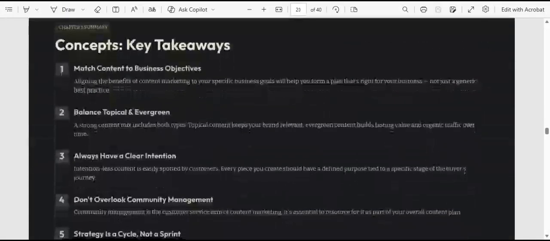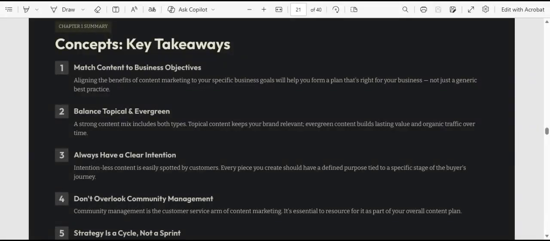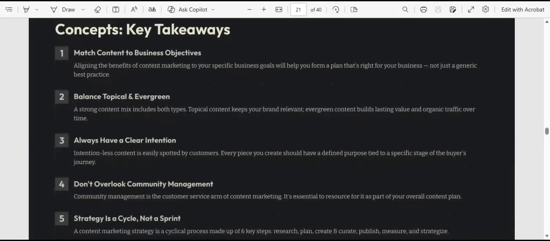Then the next thing is concept and key takeaway. One, match content to business objective. I've said it. You have to match your content plan to your business objectives.